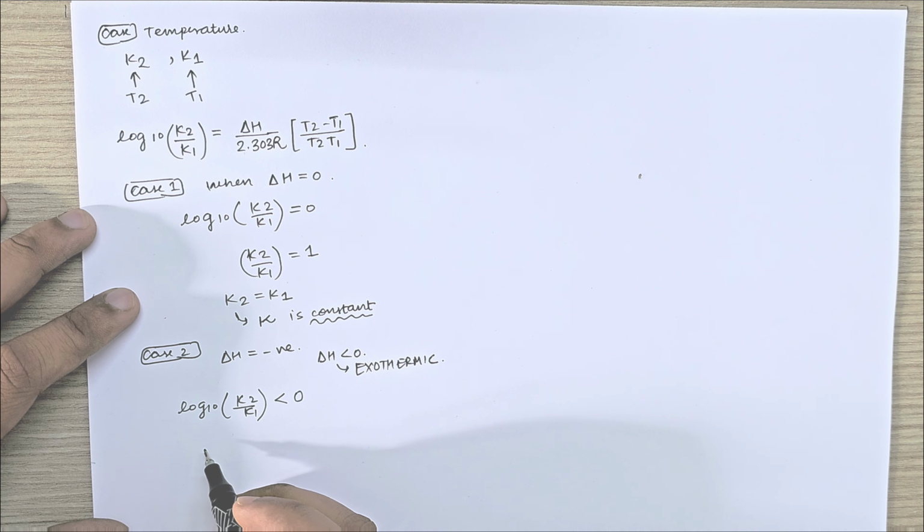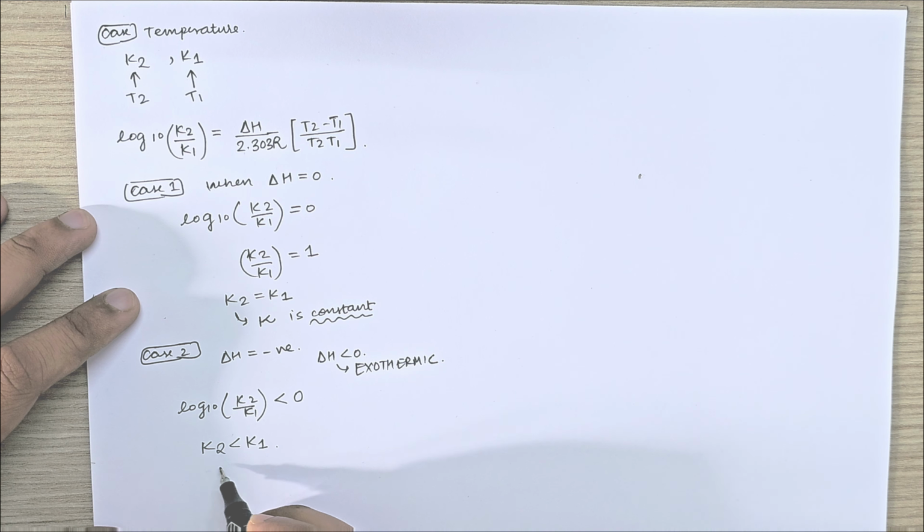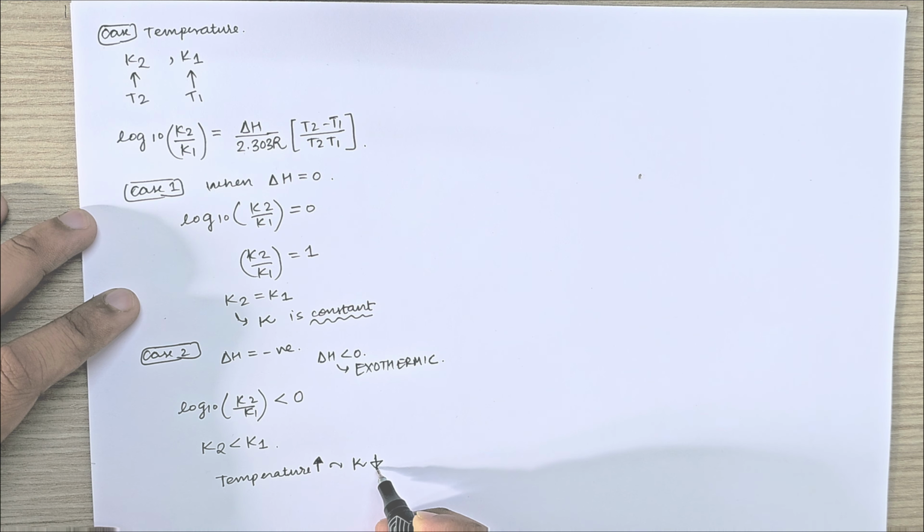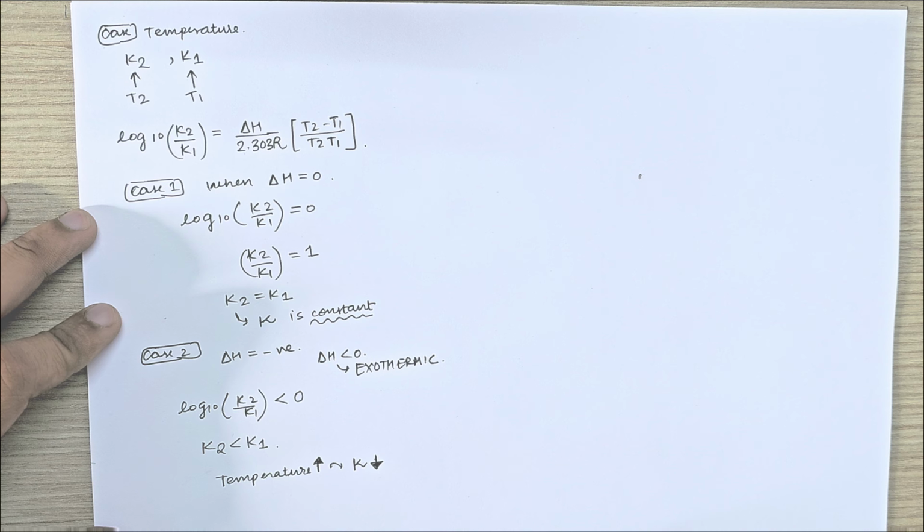So you can say that K2 is smaller than K1, and if K2 is smaller than K1, then you can say that as temperature increases, equilibrium constant decreases.